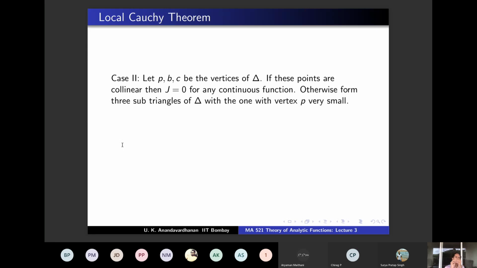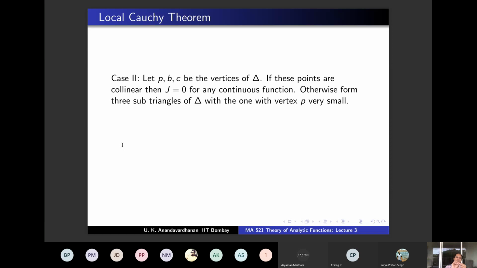Then what you do is you have this vertex P and you form three subtriangles. Take the vertex P, and on PB you take a point X, and on PC you take a point Y, and you form the triangle PXY. Then you join X, Y, B and C, and form two more triangles.